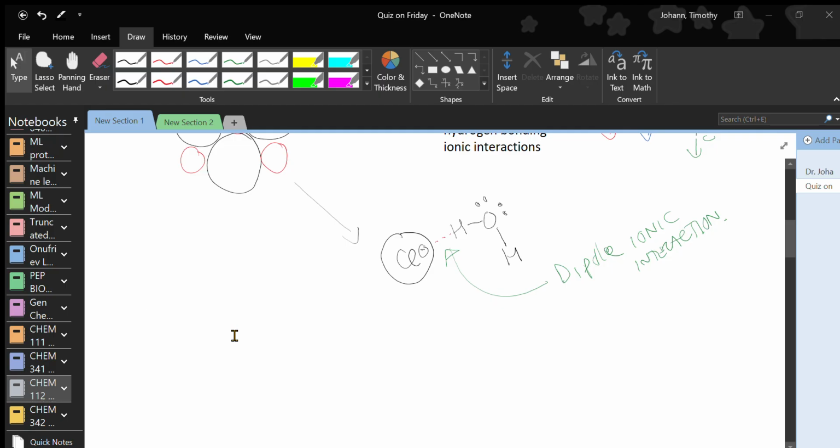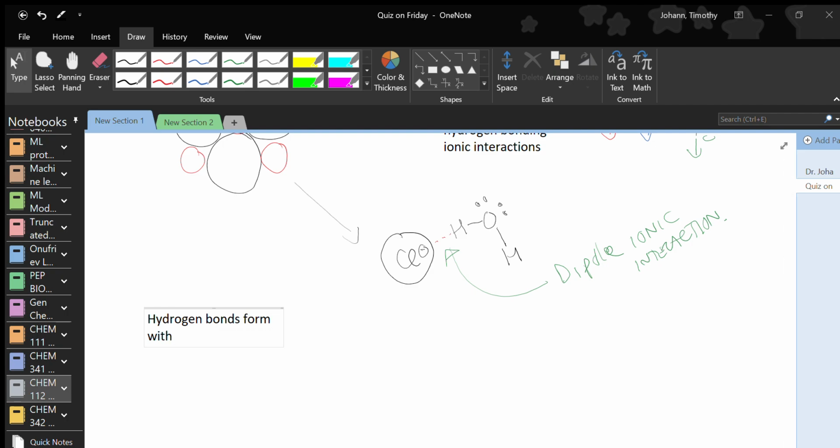Okay, so hydrogen bonds form when a hydrogen bonded, and when I say bonded, I mean a covalent bond, to an oxygen, nitrogen, or fluorine interacts with a lone pair of electrons on an oxygen, nitrogen, or fluorine.